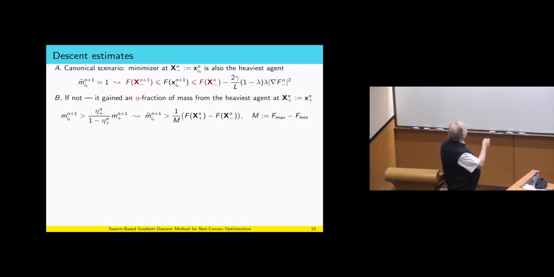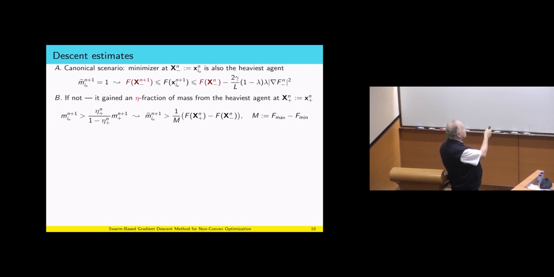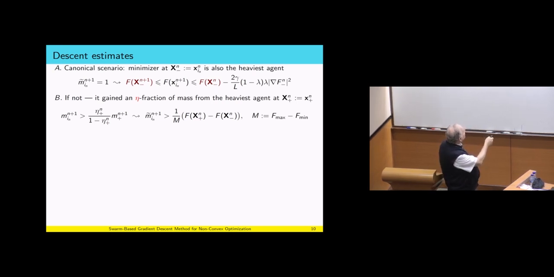So this means that the mass of the lowest agent must be larger than this eta fraction of m plus n. So what is written here, here's the heaviest agent, we don't know who it is, and a fraction of its mass went into this lowest guy, because this is the recipe by which we move mass. As a result, the relative mass has this lower bound, which has to do with f at x plus and f at x minus.